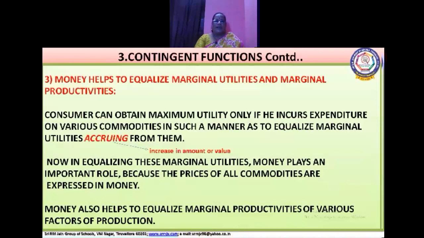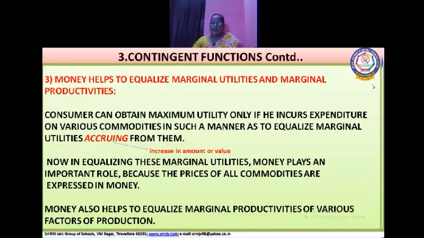Okay. Now, in equalizing these marginal utilities, money plays an important role because the prices of all commodities are expressed in money. Money also helps to equalize marginal productivities of various factors of production. What are factors of production?